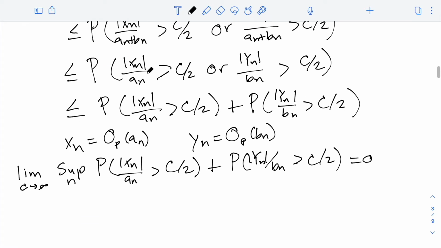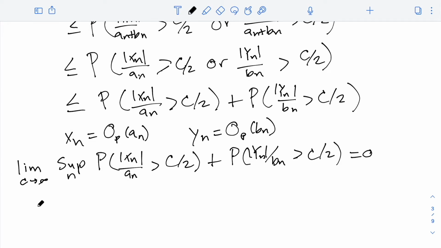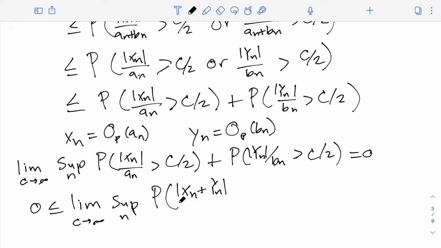So this then tells us that 0 is less than or equal to the limit as c goes to infinity of the supremum over n of the probability that |Xn plus Yn| over an plus bn is greater than c, which is less than or equal to 0. So that tells us that this is equal to 0, and that completes the proof.